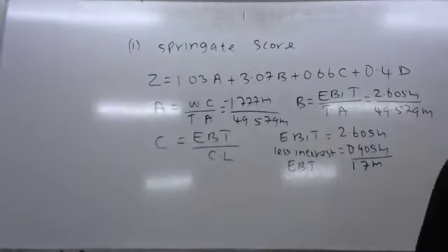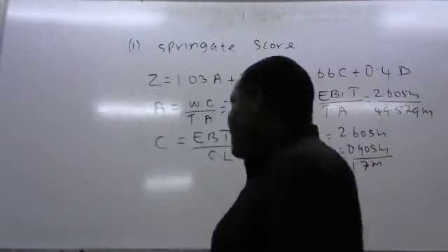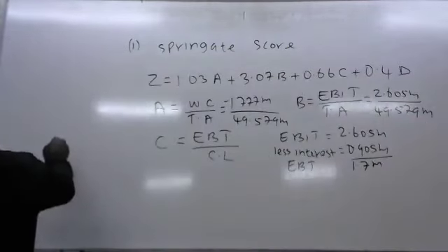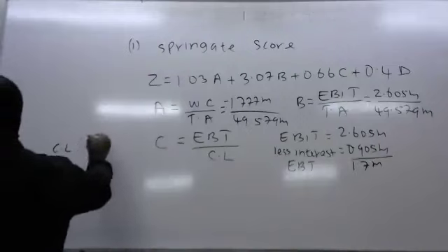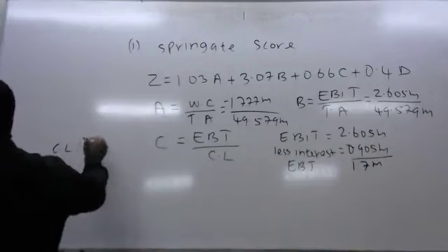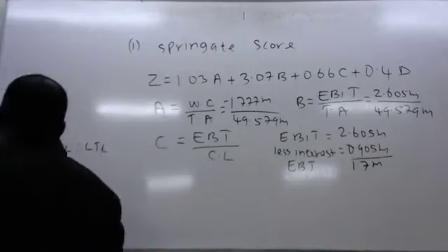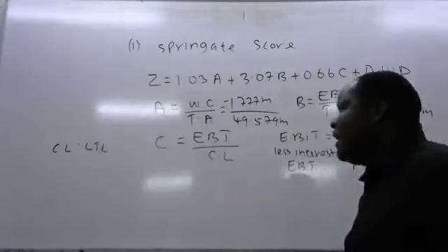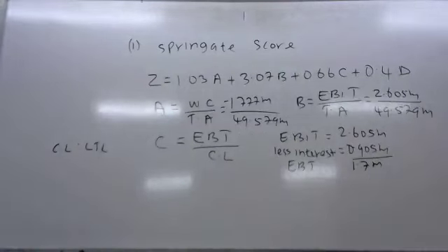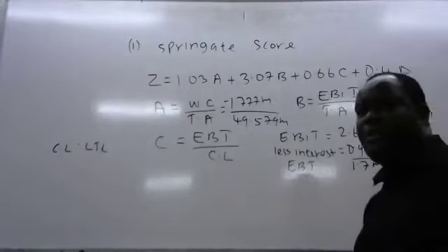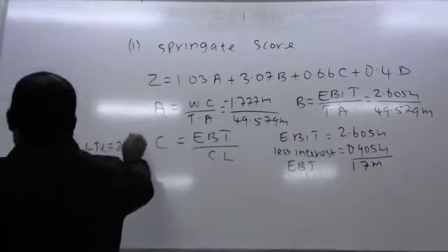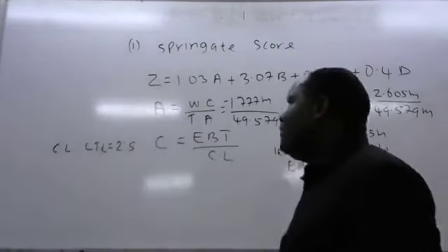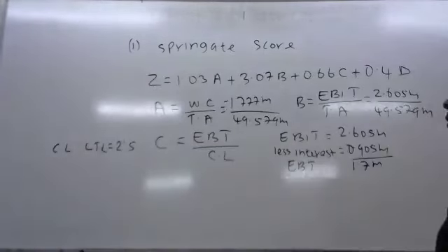So current liability against long-term liability, the ratio is 2:5. That means when the current liabilities are 2 times, the long-term liabilities should be 5 times.